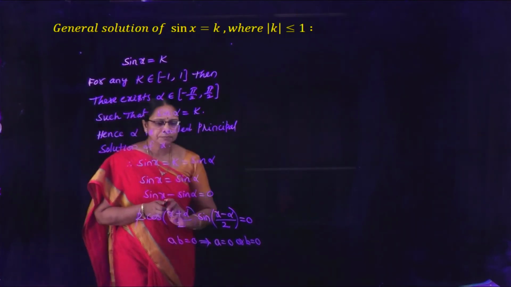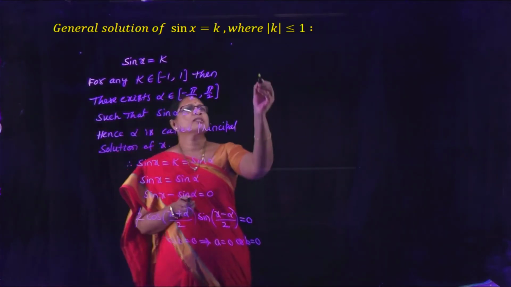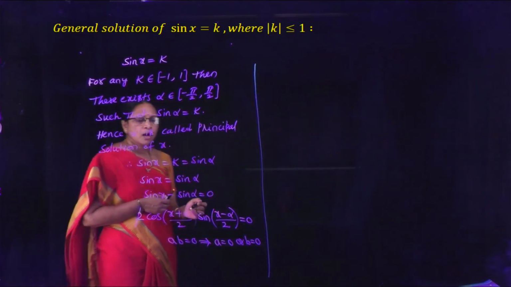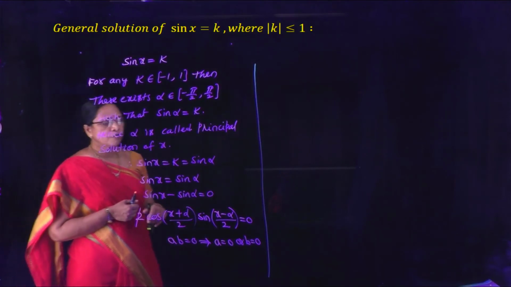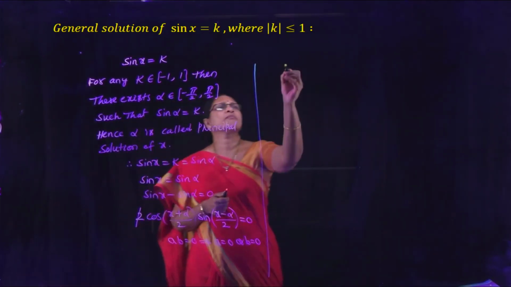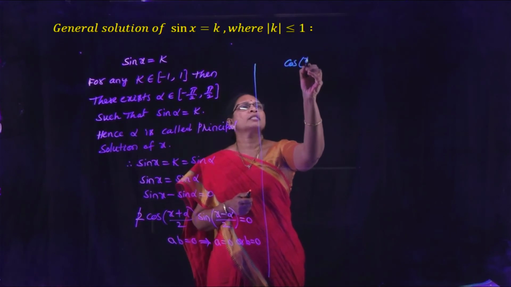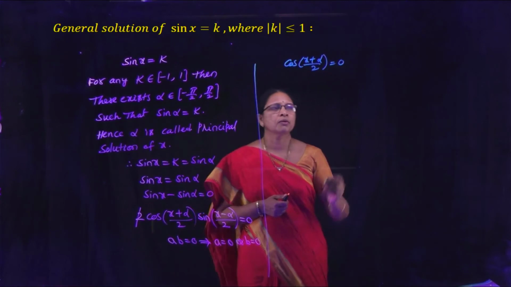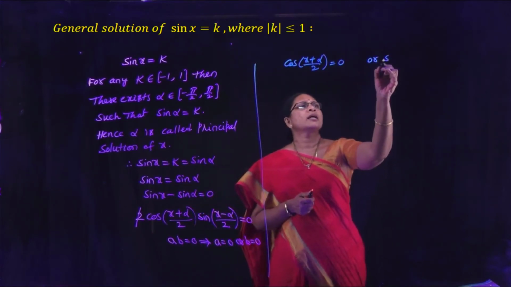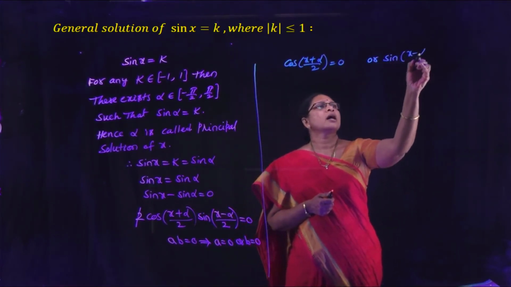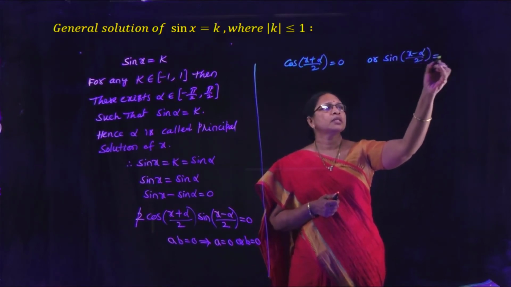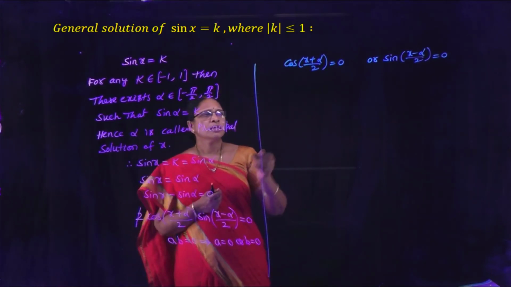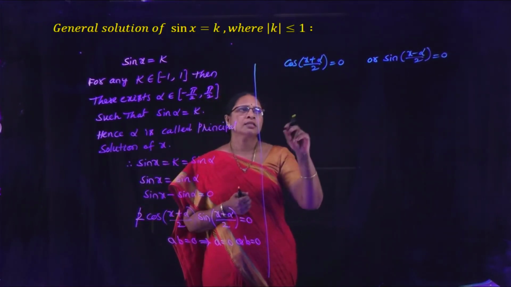Now we have cos x plus alpha by 2 equal to 0 or sin x minus alpha by 2 is equal to 0.